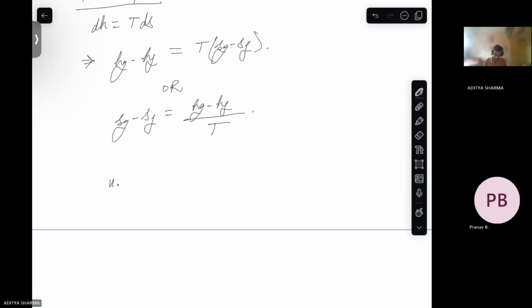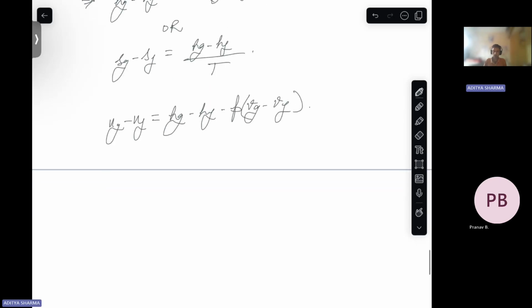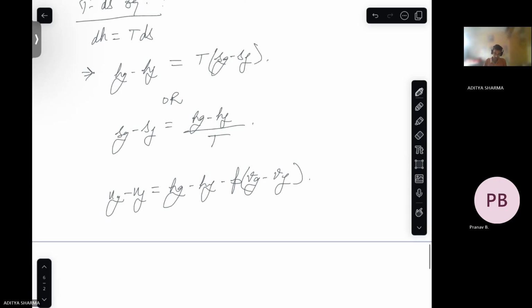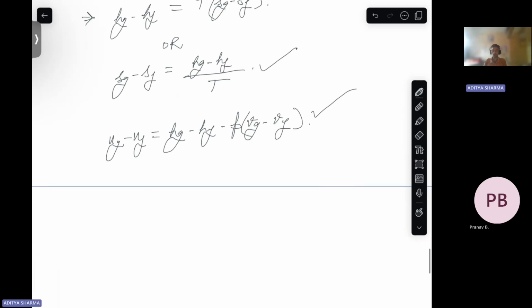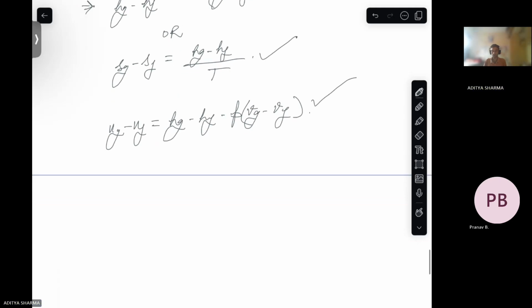Which is, so all this in one way or another is a TdS equation, right? So these are two relations in connection to phase change processes.